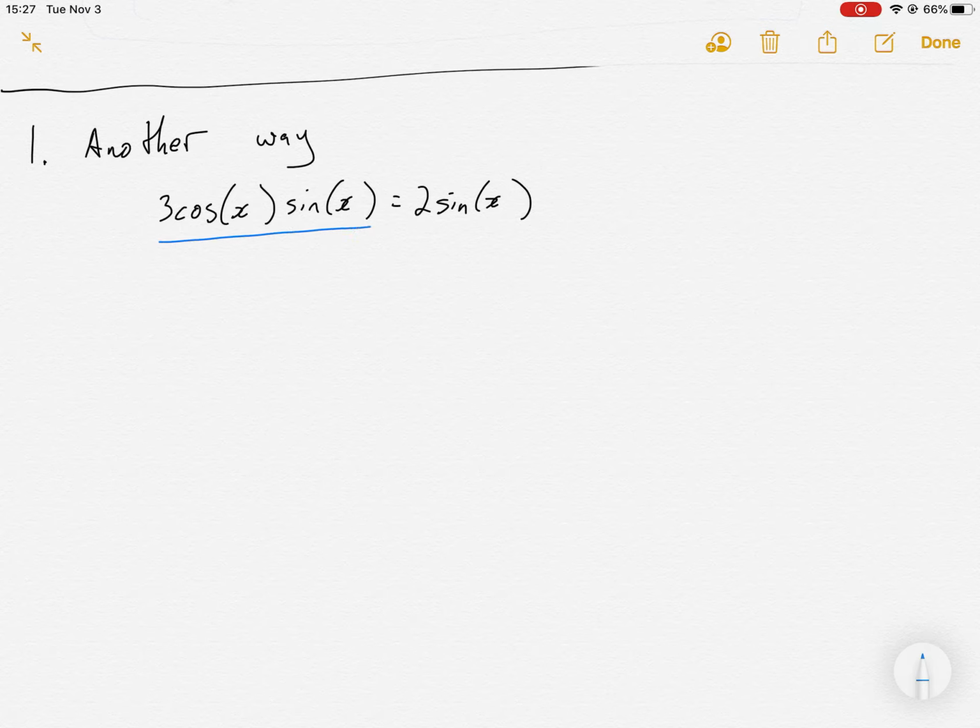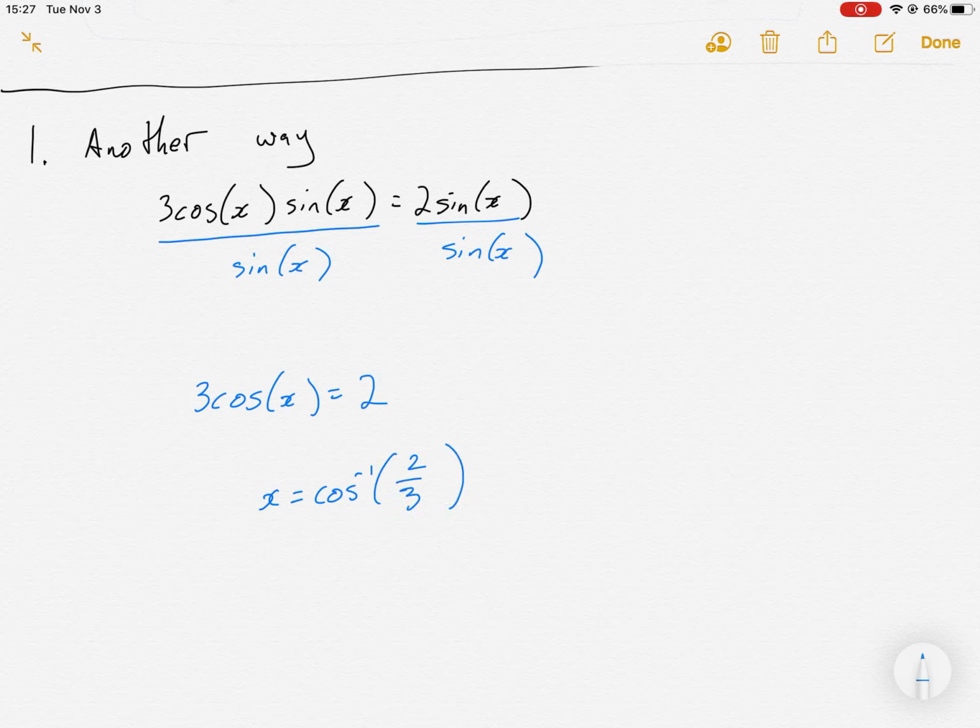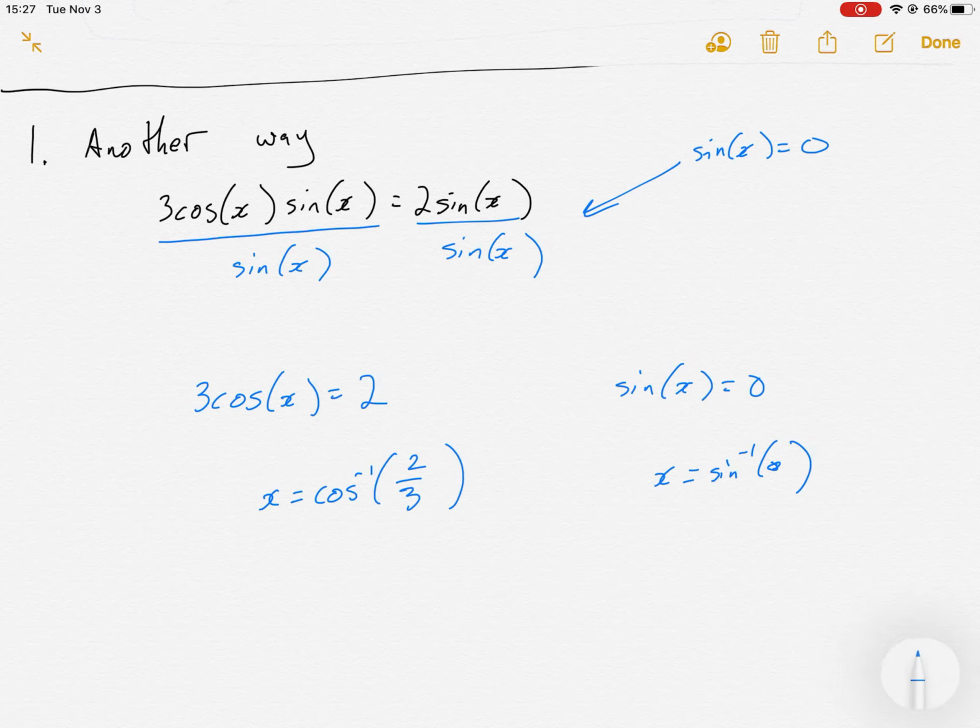But it might have been tempting to see that there's a sine of x here, and there's also a sine of x here, which means that we end up with 3 cosine of x equals 2, which kind of saves us a step because now we just have cosine inverse of 2/3 and we get our answer. However, this ignores the situation where sine of x could actually be 0 because you can't actually divide by 0. That's why this doesn't quite work. So if you do it this way, make sure you also solve this equation, and solve each of those separately.